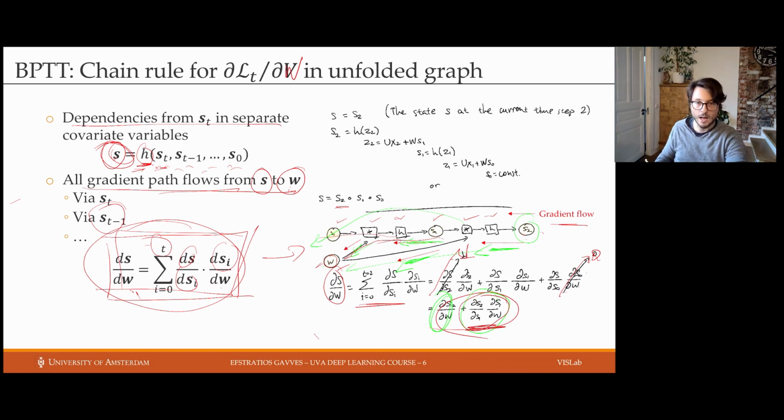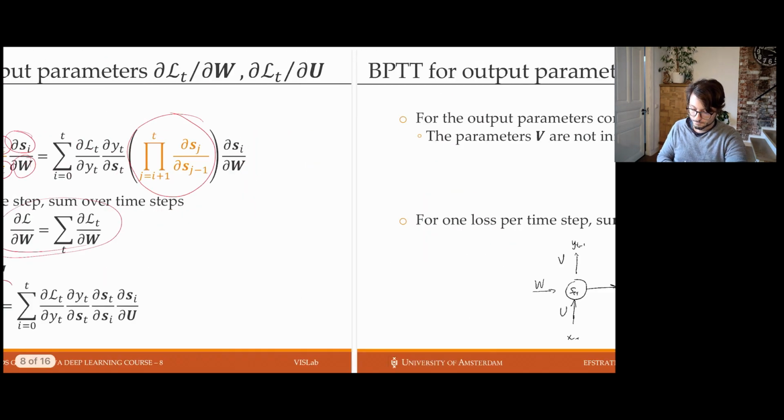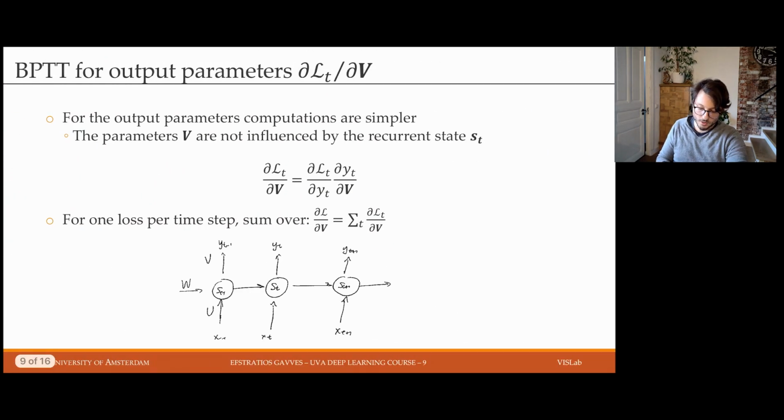If we didn't have recurrency, then we would stick to the original first term in our gradient. So our recurrent network simply adds extra paths to our computational graph.